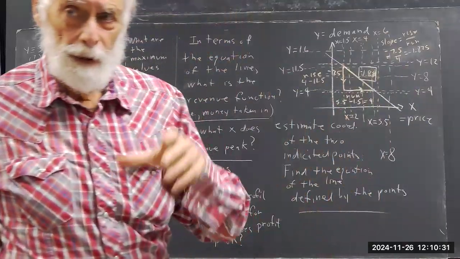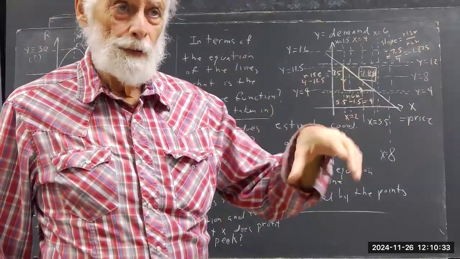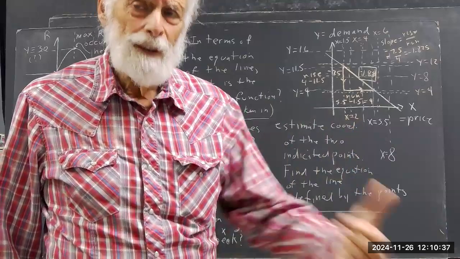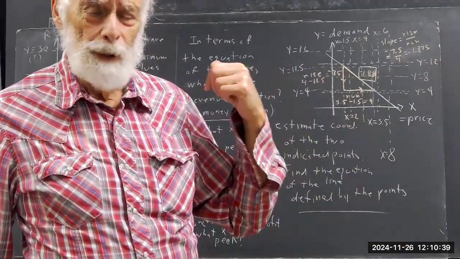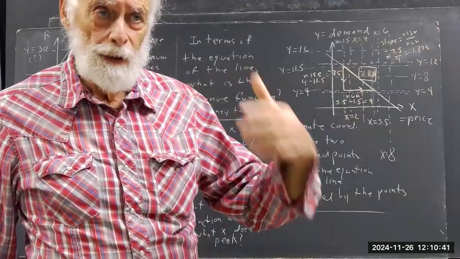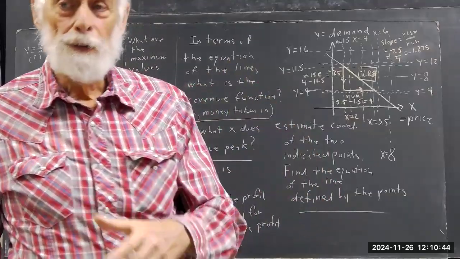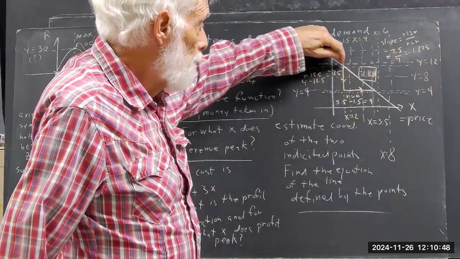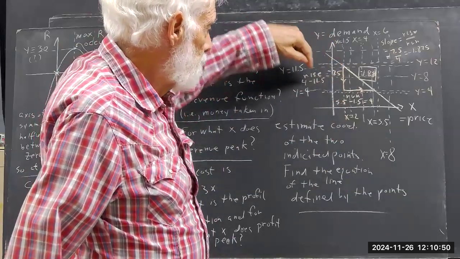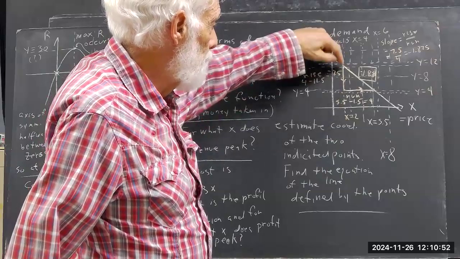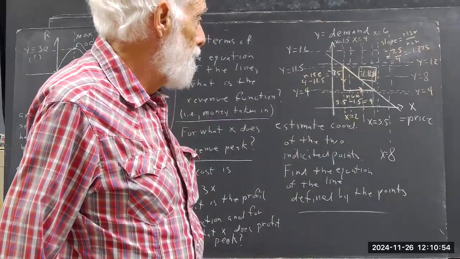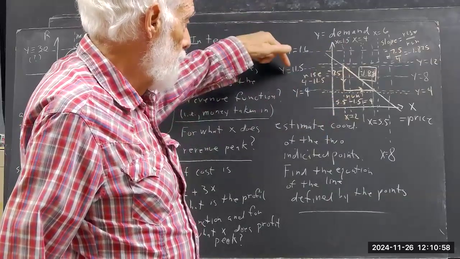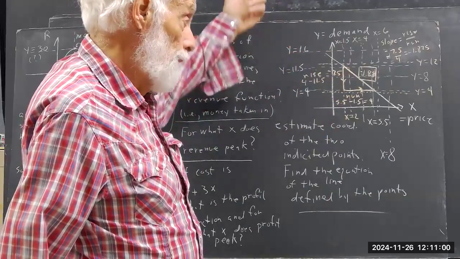Now you understand, I'm looking at all aspects of this problem to make sure they're all consistent. So right there, I thought I'd made a mistake, but I couldn't see it in my calculations. And it turns out where I made the mistake was in this additional estimate of what your revenue would be if you had x equals 1.5. And I carelessly, instead of multiplying by 1.5, multiplied this number by 2.5.